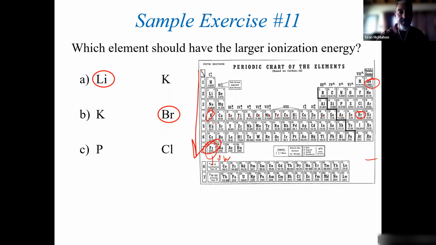Okay, what about between phosphorus and chlorine? Same energy level. Which one has more protons? Which one's closer to that noble gas for that energy level? Which one's closer to argon? Chlorine has the larger ionization energy.